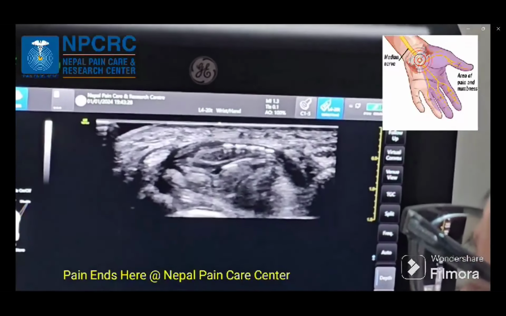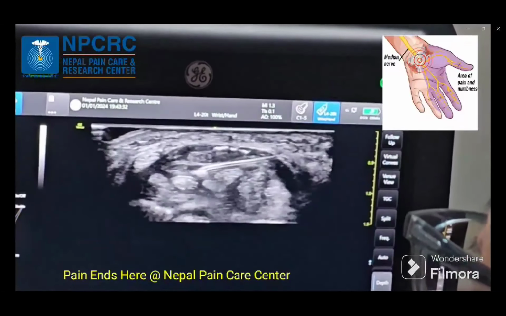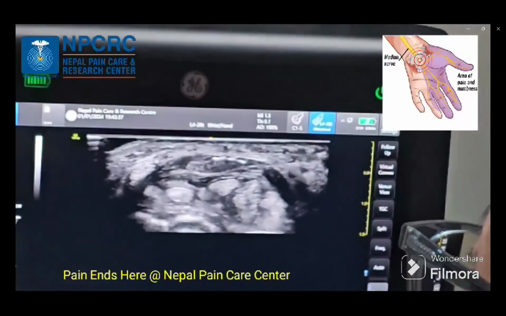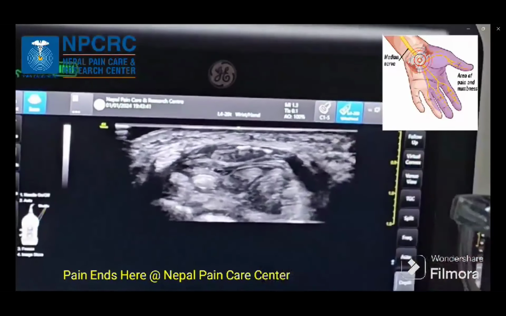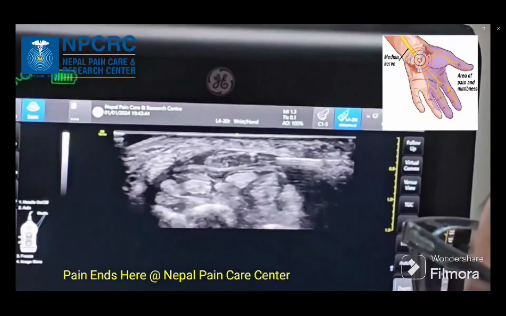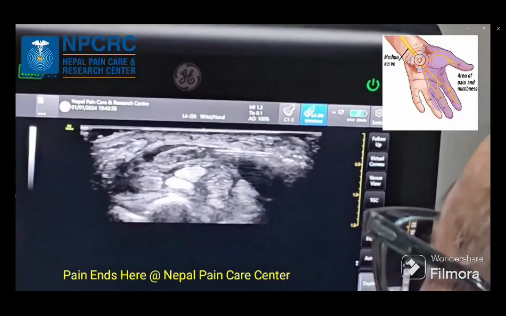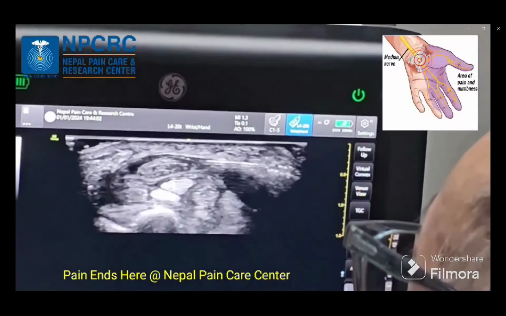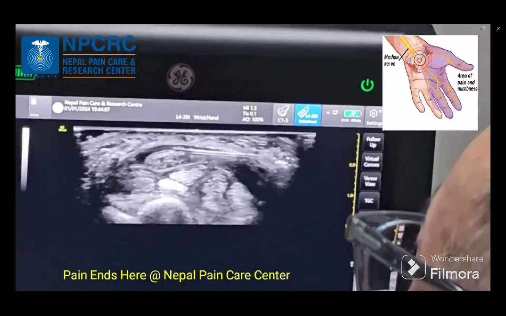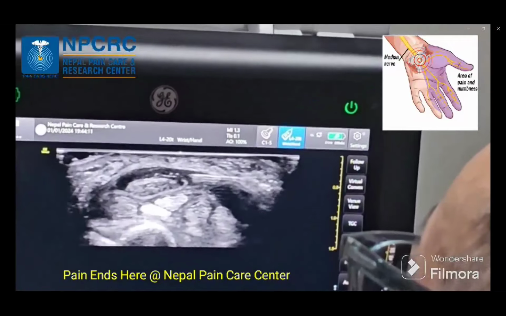You can either use this or go with lignocaine and steroid, but nowadays more evidence favors 5% dextrose hydrodissection. So this is how we do hydrodissection. Very easily it can be done with ultrasound.